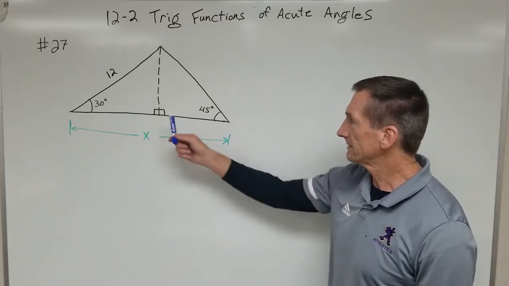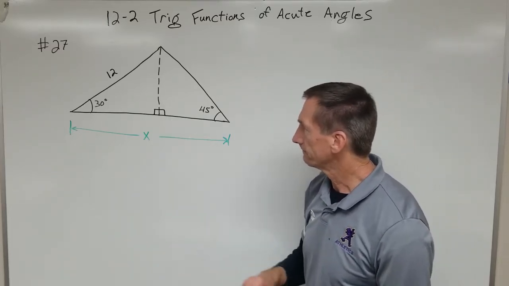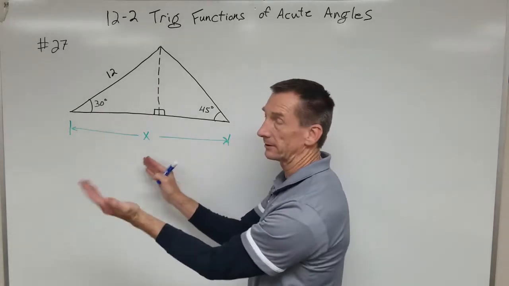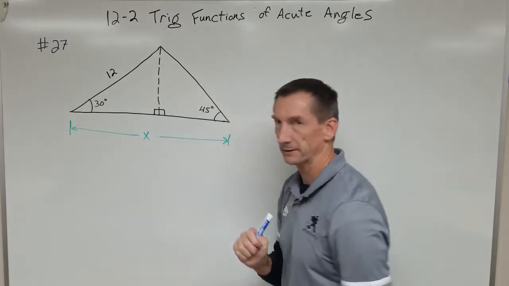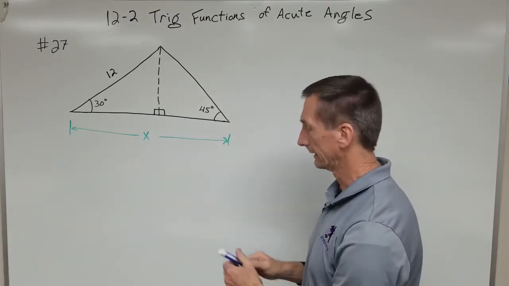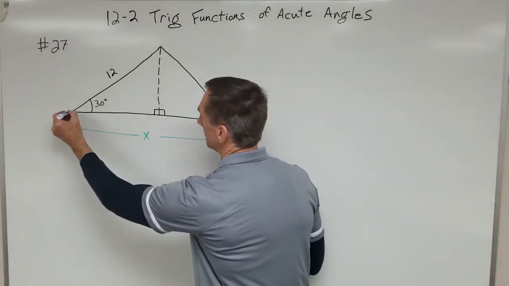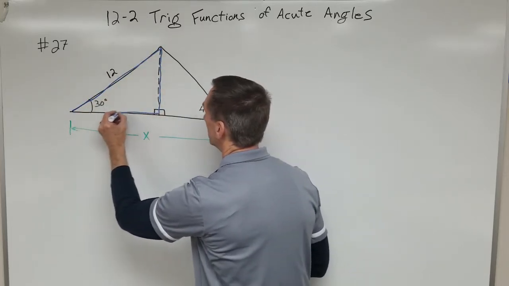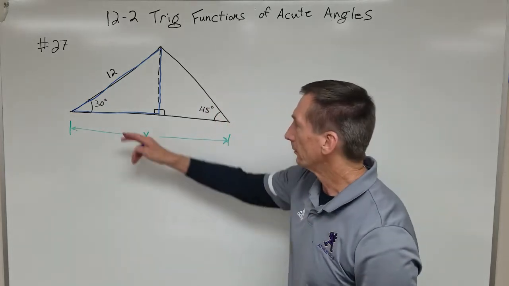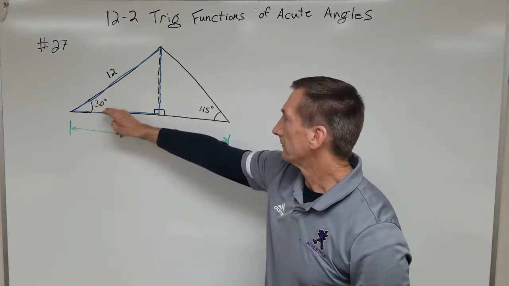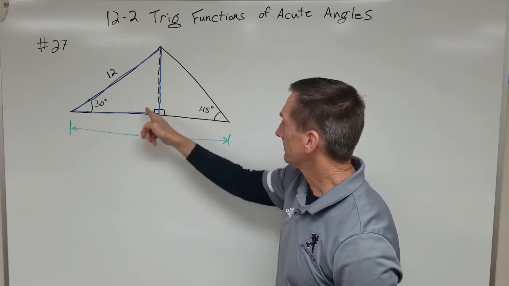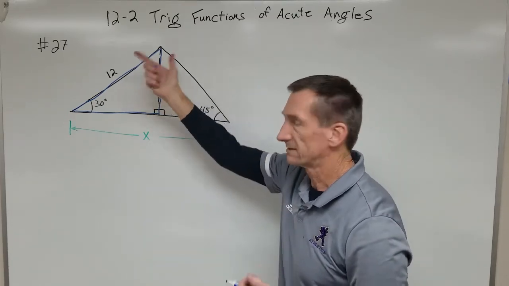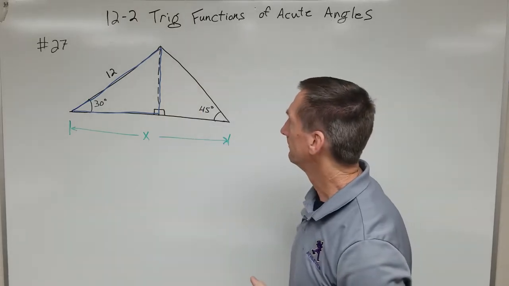So let's take a look at this one. First off, let's take a look at just this triangle here. Oh, I'm sorry. Overall, we're looking for this value x. Find x. Okay, so let's just initially look at this triangle right here. This is a right triangle with an angle of 30 degrees right here. And yeah, I know that's 60, but that's kind of irrelevant right now.